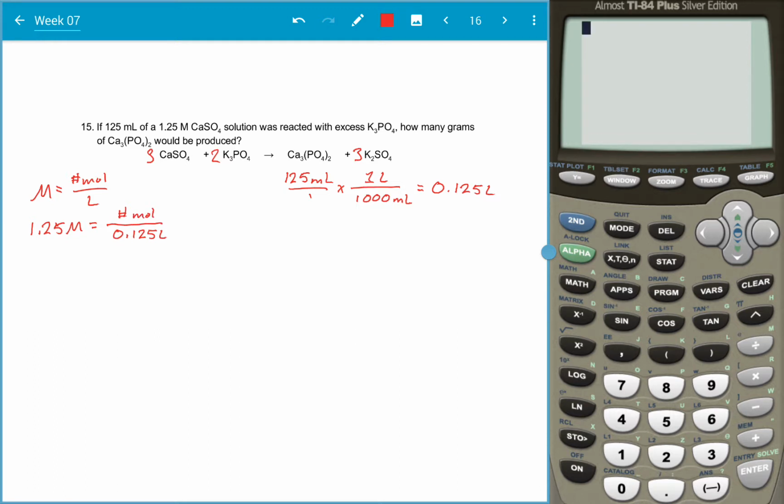So to solve for number of moles, we simply bring the 0.125 liters to the other side, and multiply it by the 1.25 molar.